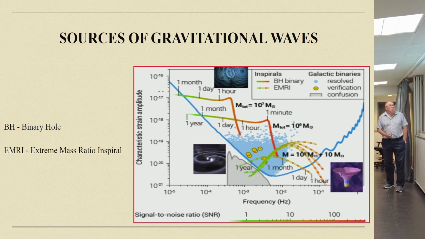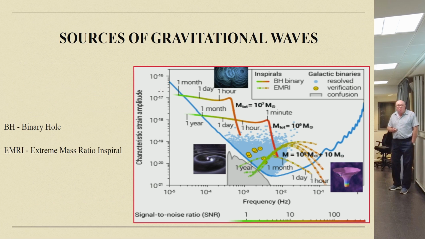Just to remind you, this is the source of gravitational waves. This is not a picture produced by me. If you look at the bottom line here, this is the frequency of the gravitational wave. A lot of the interesting stuff, and I hope I won't be shot down by the astronomers in the place, is at a very low frequency.